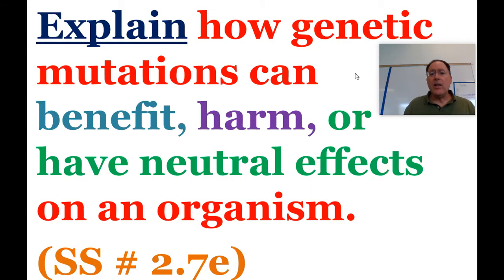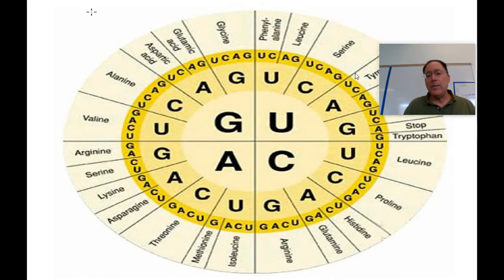Well, in some instances, genetic mutations can actually have a neutral effect on an organism. An example would be that if you have a genetic mutation, it leads to a different letter in the DNA sequence, which leads to a different letter in the RNA sequence. But when the ribosomes go to translate that RNA into a bunch of amino acids to fold into becoming a protein out in the cytoplasm, if the ribosomes interpret that DNA mutation as having the same amino acid as it would have had, then often the organism doesn't even know that there's a DNA mutation.